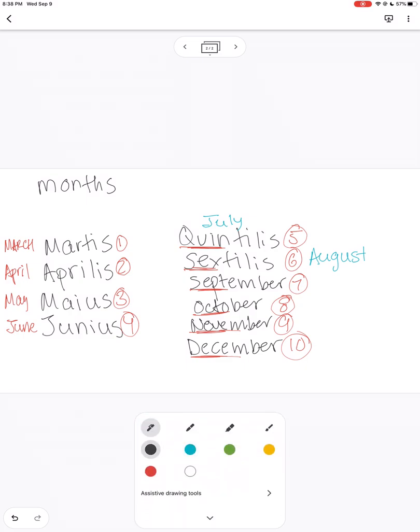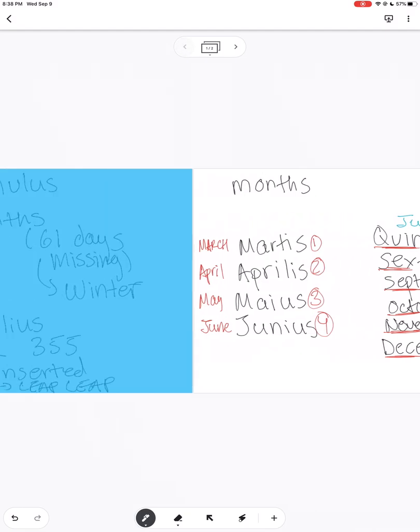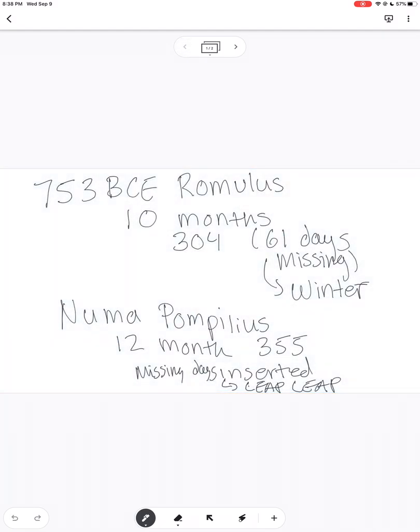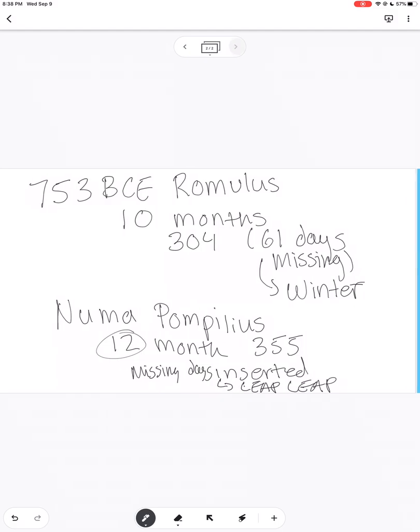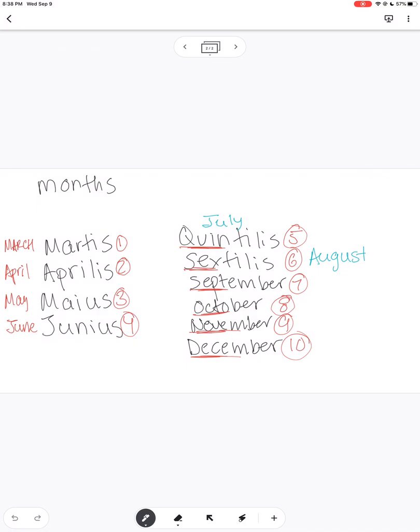But then, Numa Pompilius, remember, is the man who gave us 12 months. So he added 2 more months to the calendar. He gave us January and February.